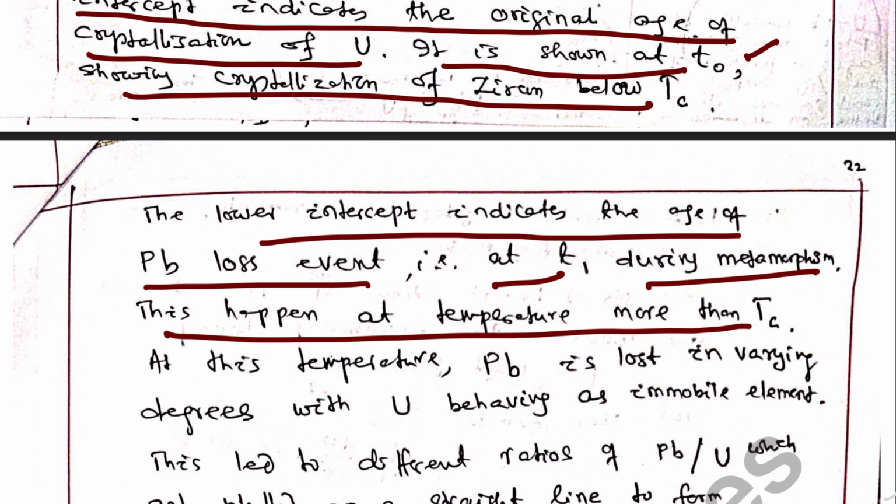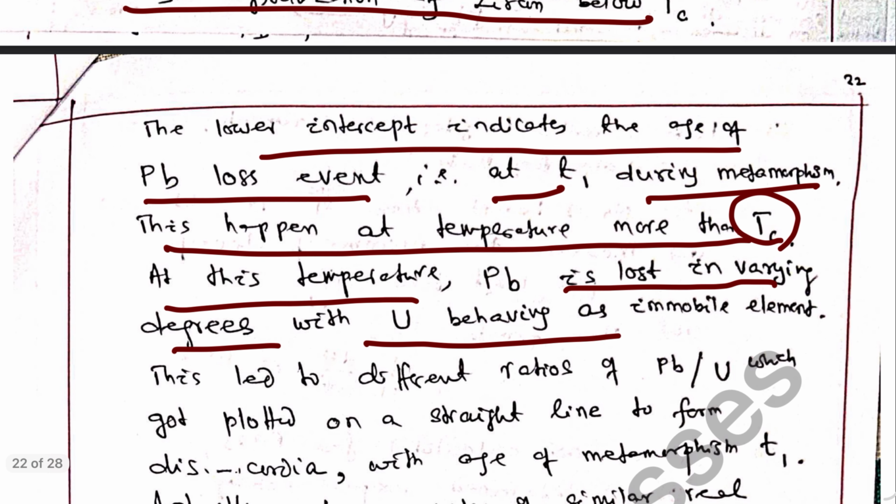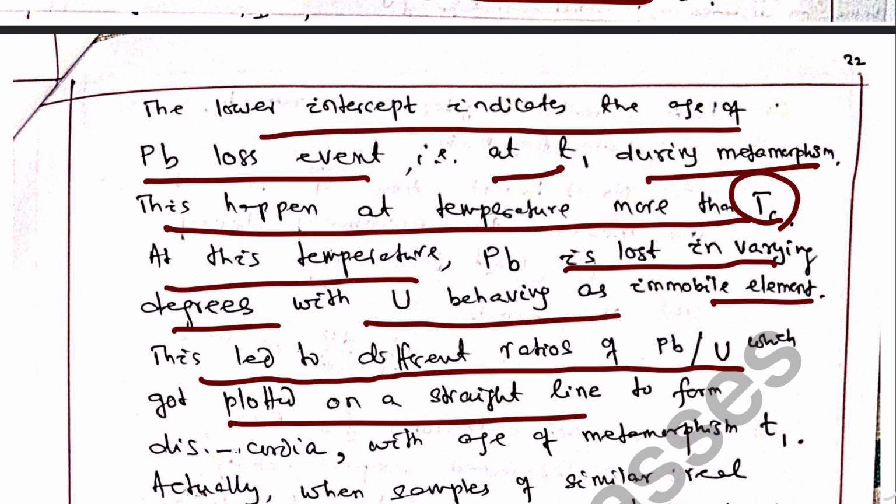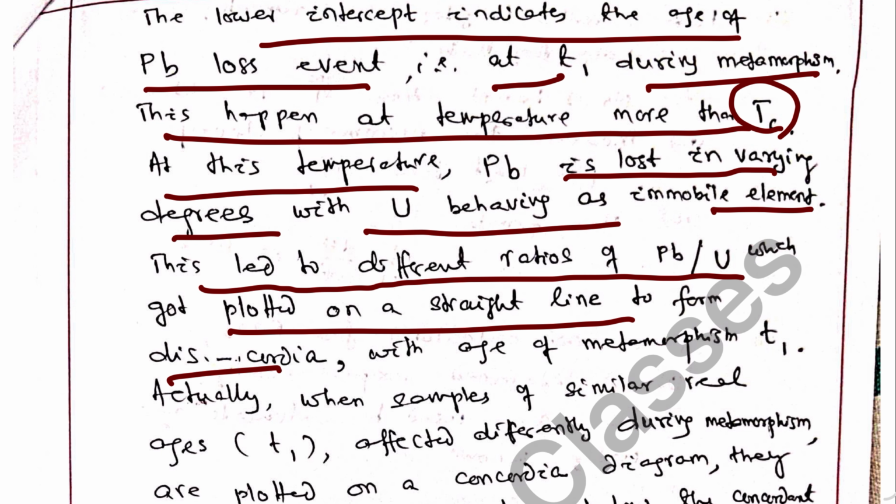This happens at temperature more than Tc. If temperature becomes more than Tc, some amount of Pb is lost from the system. At this temperature, Pb is lost in varying degrees with uranium behaving as an immobile element. This led to different ratios of Pb by uranium, which got plotted on a straight line to form the Discordia line with age of metamorphism T1.